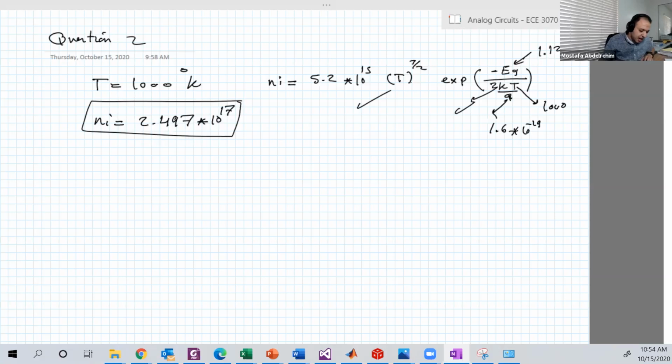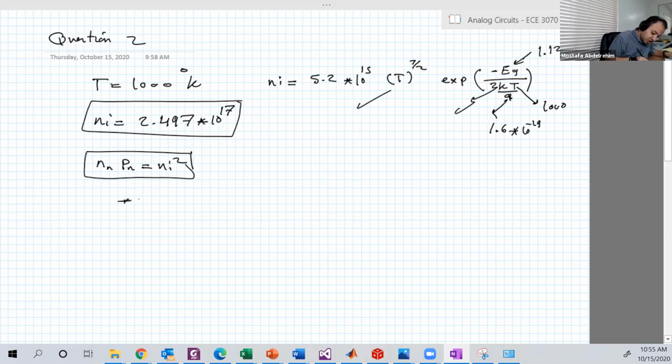Okay. Now with that we know that Pn times Nn equals Ni squared. And we know from the charge equality that the positive charge should be equal to the negative charge.